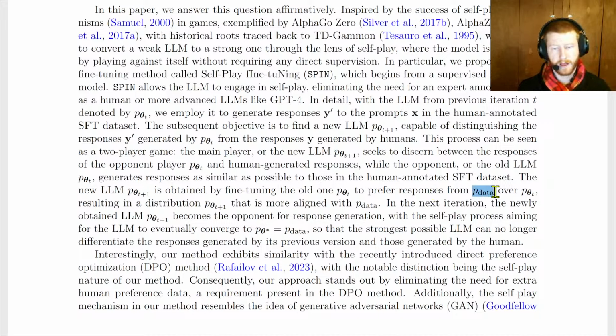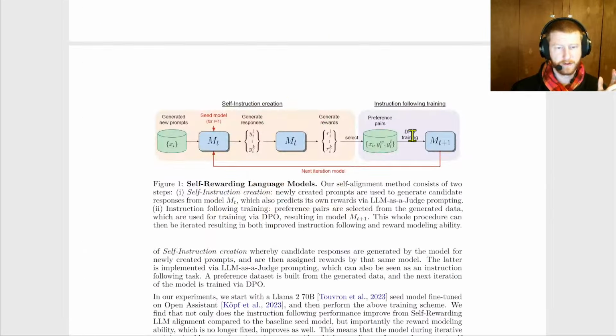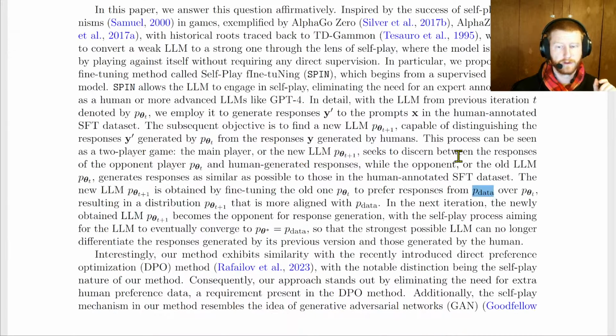So we're doing effectively something like DPO, but where the preferred one in the pair is our original ground source human data that we're trying to get closer to, and the negative one is the LLM generated one.